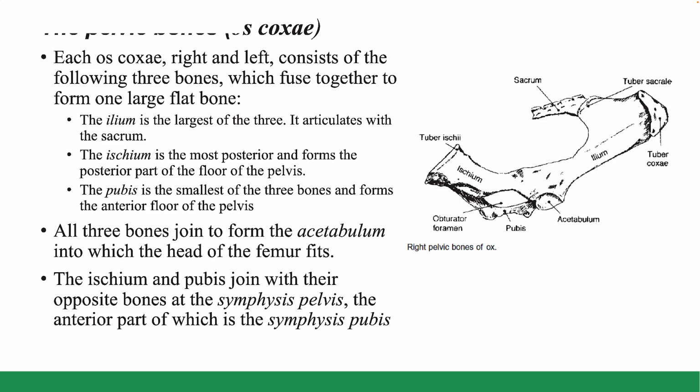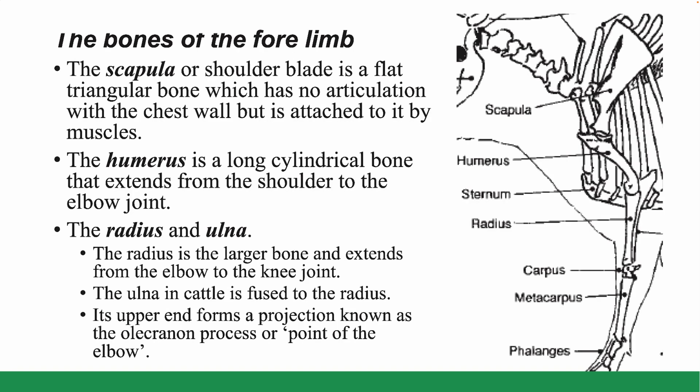Then we have the os coxae, or the pelvic bone, which is made of 3 bones: the ilium, the ischium, and the pubis. Together they make the groove where the femur gets attached, the acetabulum. Then we have bones of the forelimb, which are made of the scapula, the humerus, and the radius and ulna.